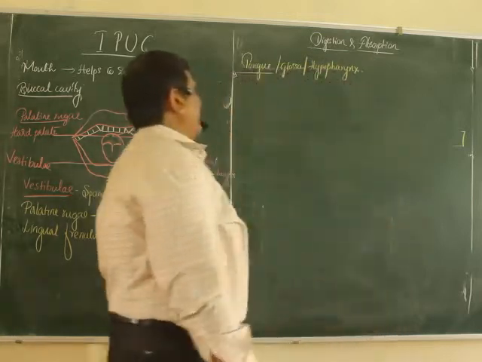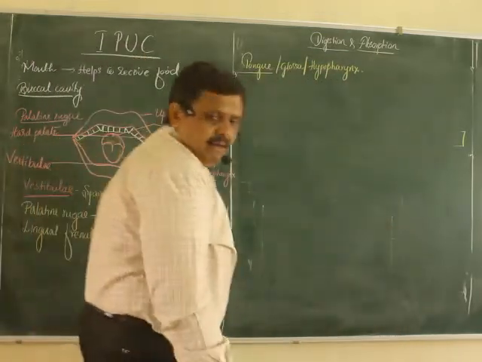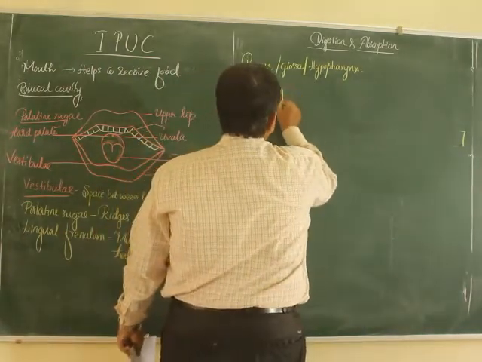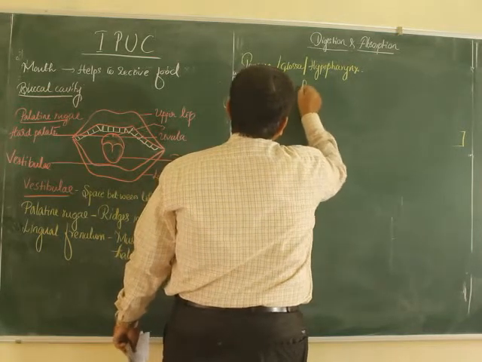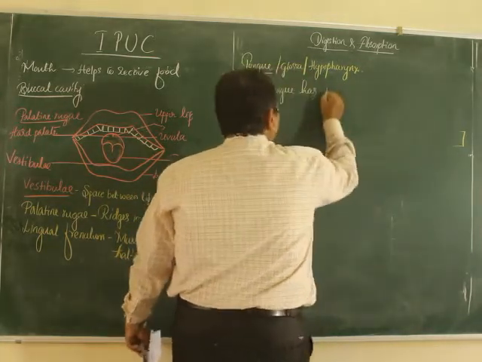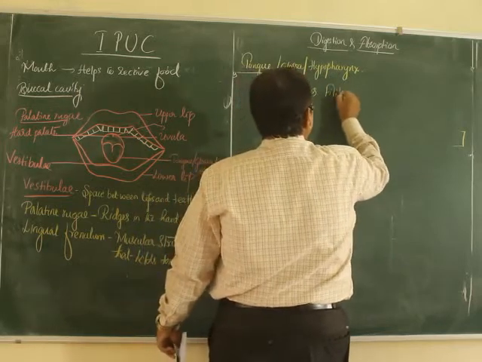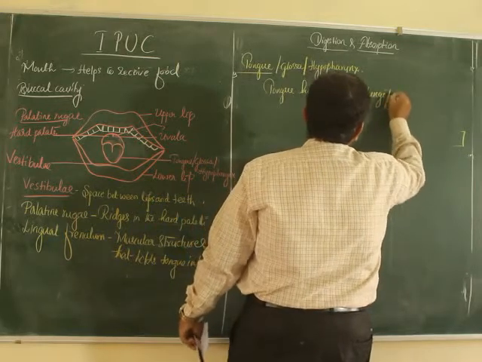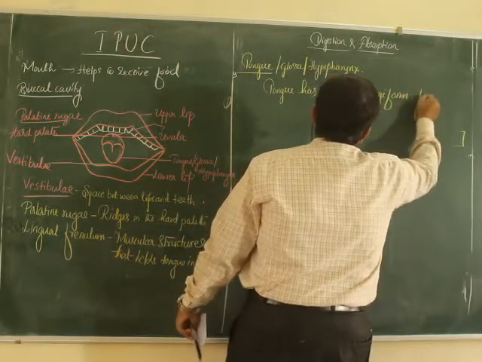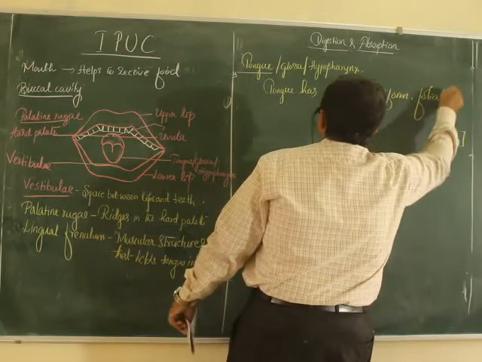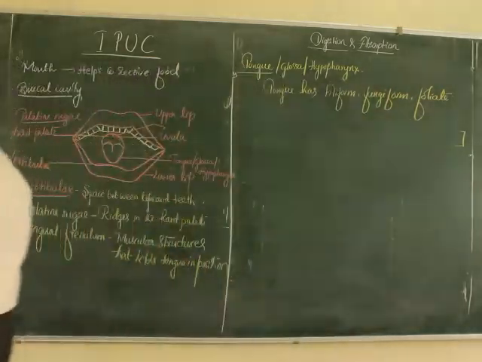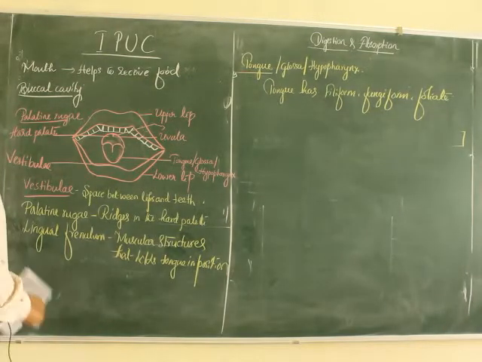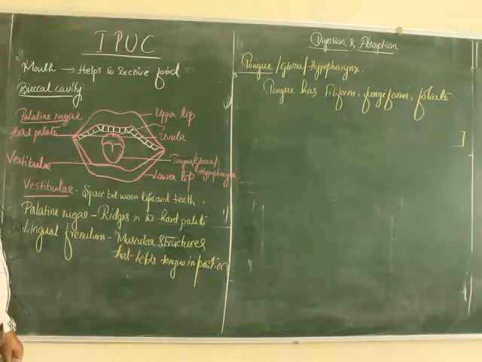And this tongue has filiform papilla, fungiform papilla, and foliate papilla. These are all the different types of papillae which we come across.